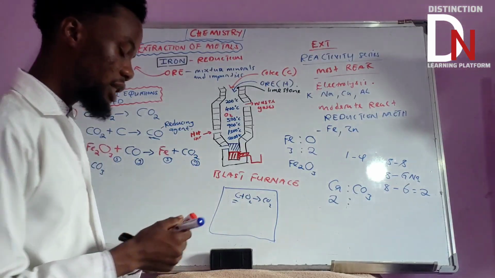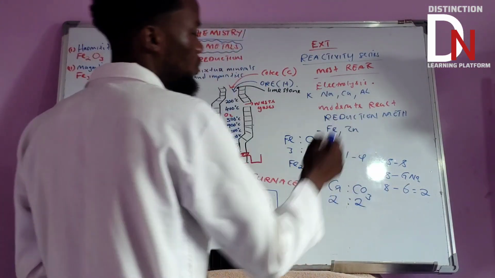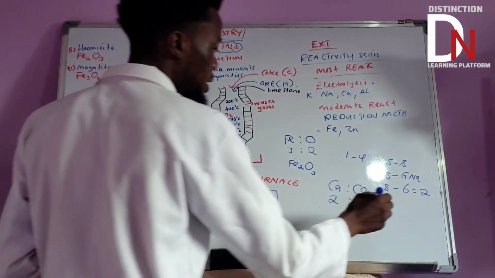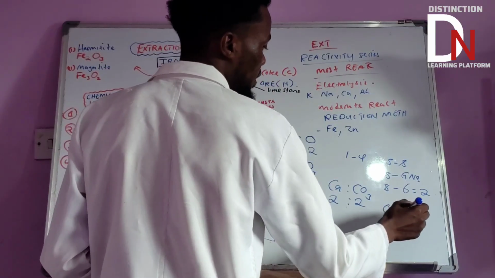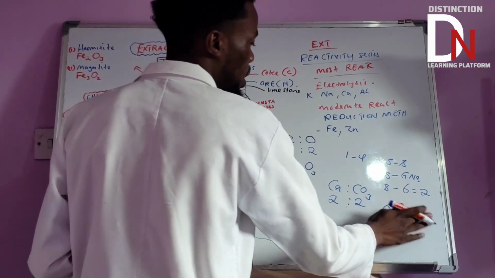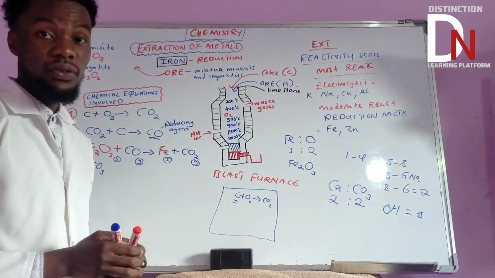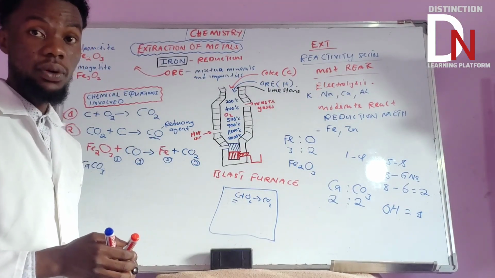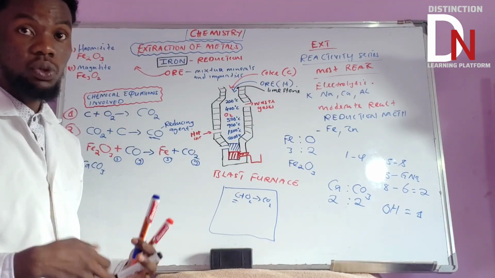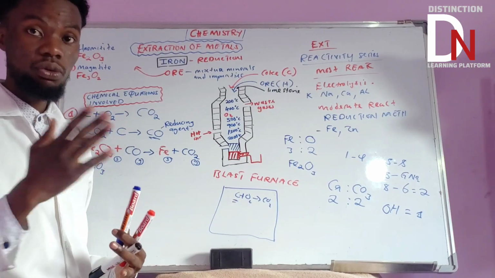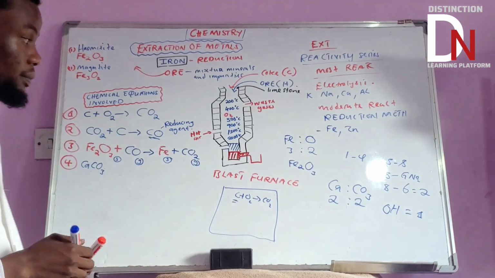Like for carbonate, it is well known, it has 2. Hydroxide, the valence number is 1. Sulfate, as you can see, is 2. All those are what we call radicals, and they have constant valence numbers. You need to look at that.